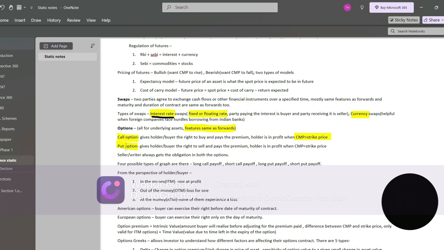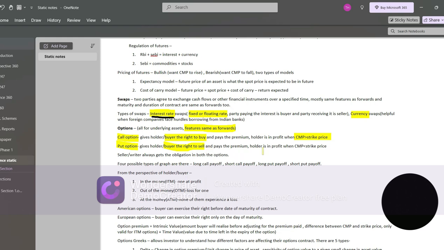In a call option, the buyer buys the thing. That is a big difference. And in a put option, the buyer sells the thing, and also pays the premium to the seller.